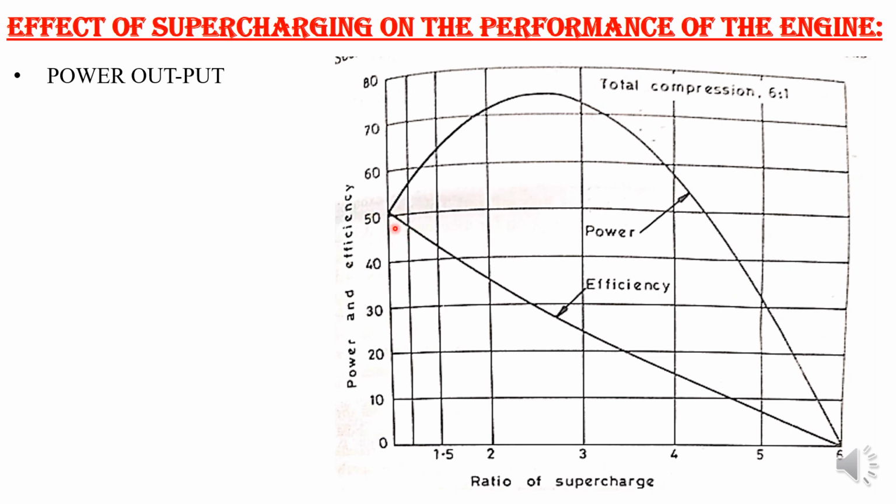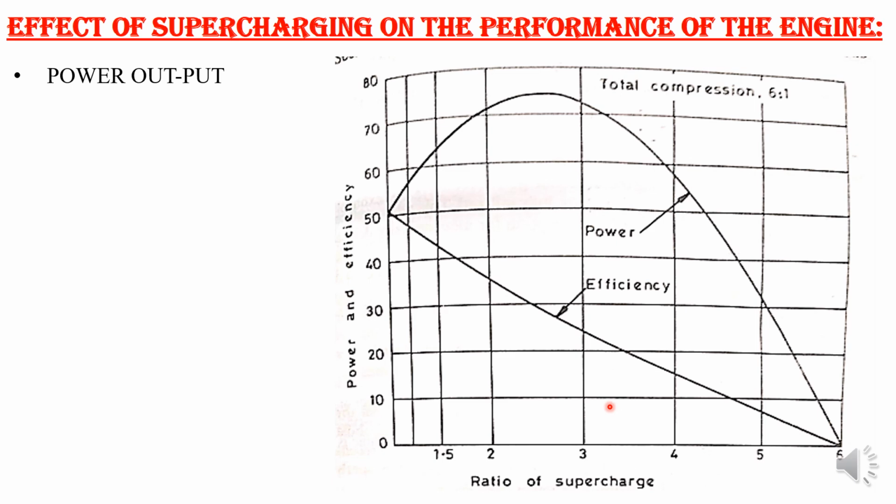To avoid knocking, your efficiency keeps on decreasing irrespective of the increase in power output. So this is about your supercharger. You have to check up to what pressure ratio you can increase the supercharger. So this is about the power output and efficiency of the engine.